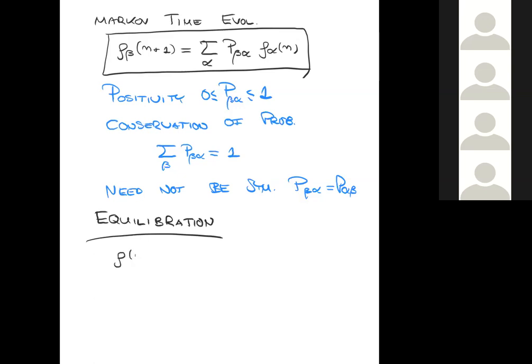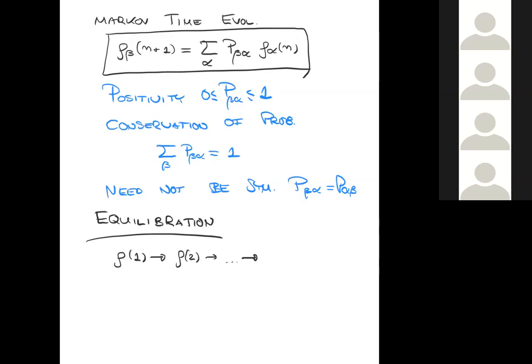So you started out in step one with some probability distribution over all possible states. As I say, that doesn't even have to be a real probability. It could just be that one state has probability 1 and all other states have probability 0. But now we update with some kind of probabilistic rules, so now we get genuine probabilities. So we update to rho of 2 and so on.